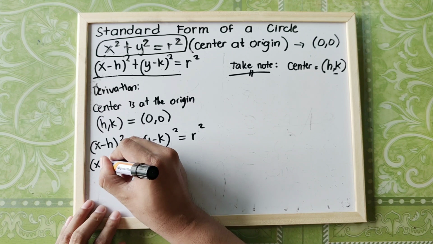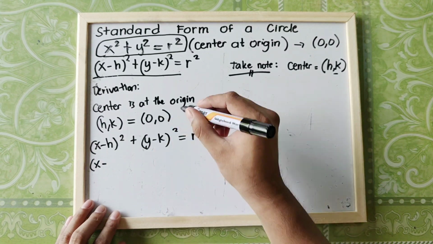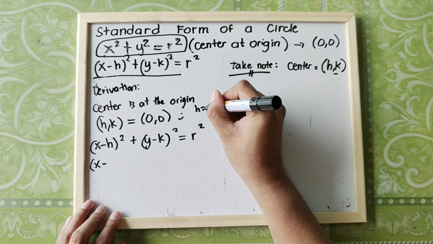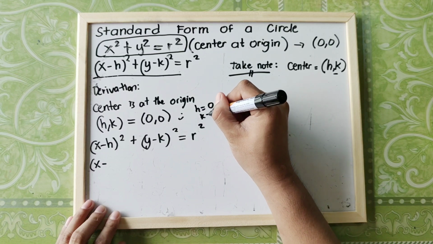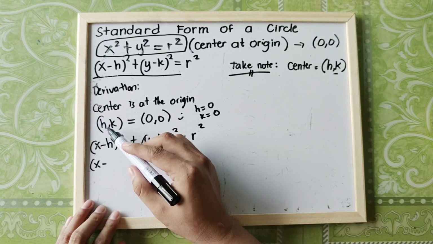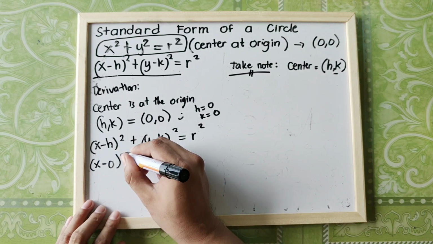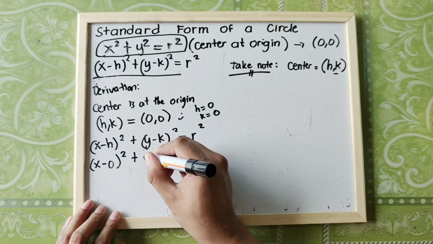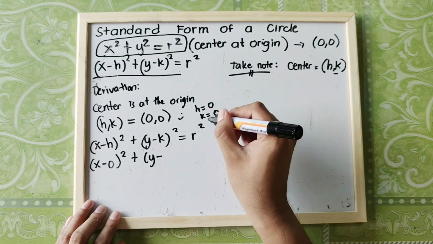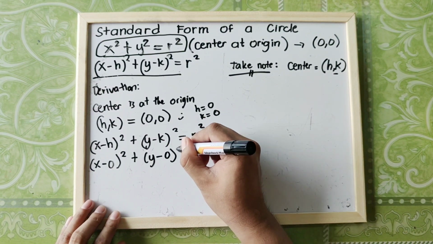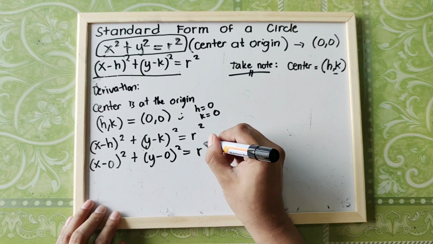It will become x, our h is 0, and our k is 0. So substitute the value of h, which is 0, copy the square, plus y minus our k, which is 0, is equal to r squared.